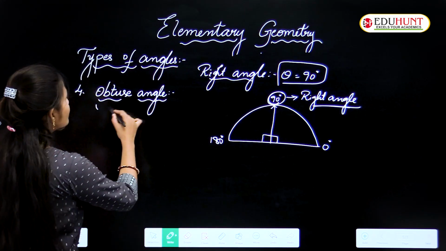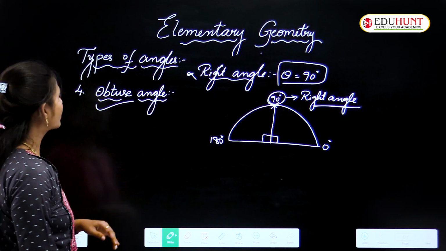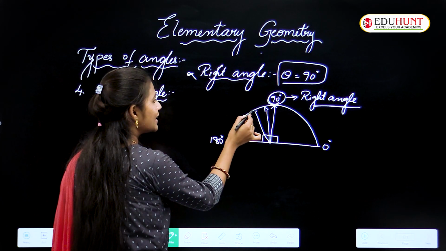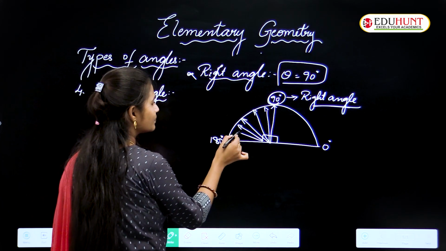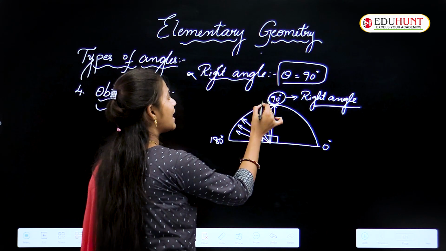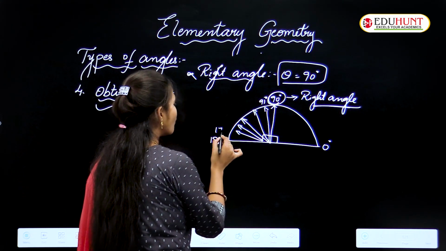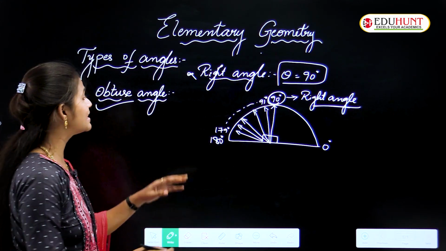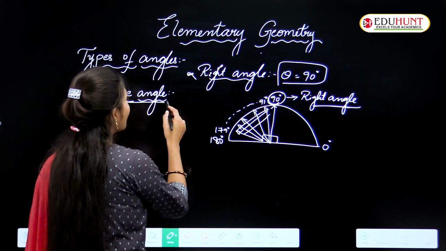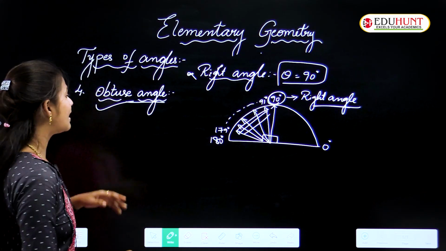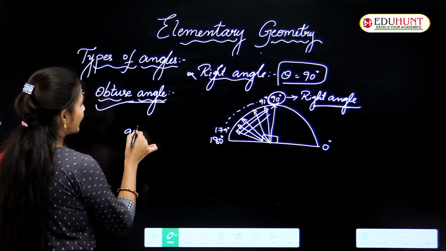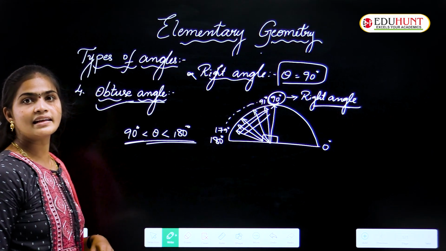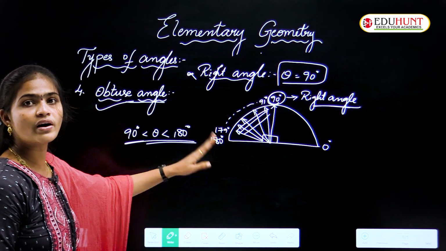Now come to the obtuse angle. This is also one of the types. Here the angle which is greater than 90 degrees and less than 180 degrees. Greater than 90 degrees means the angle starts from 91 degrees to 179 degrees. So 91 to 179 degrees, any angle we can consider as an obtuse angle. So theta lies between 90 degrees and 180 degrees.